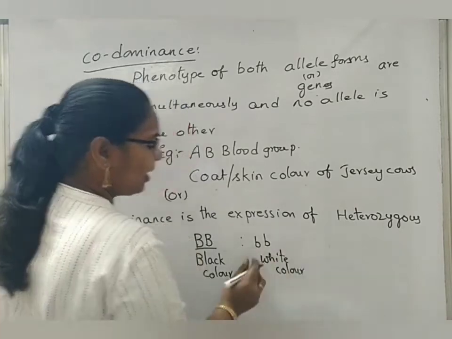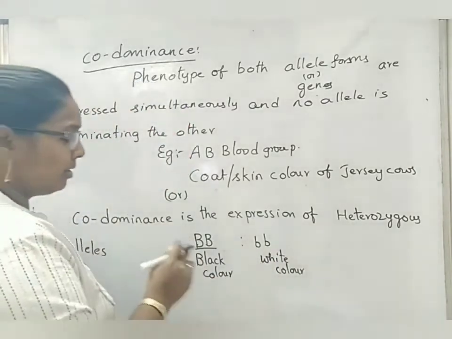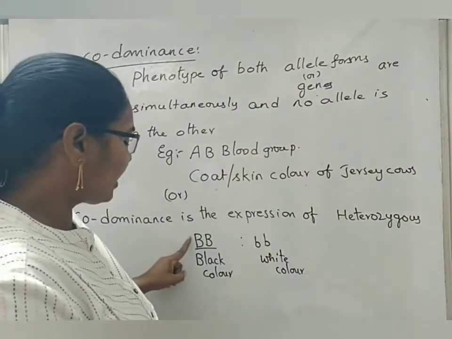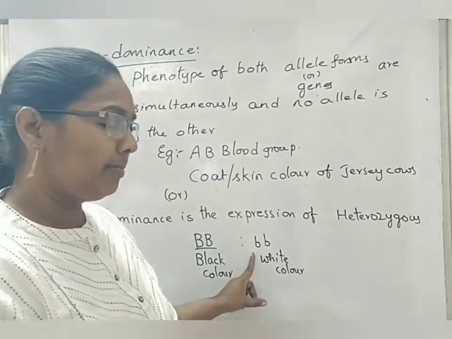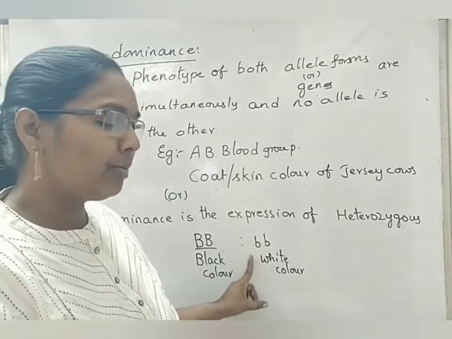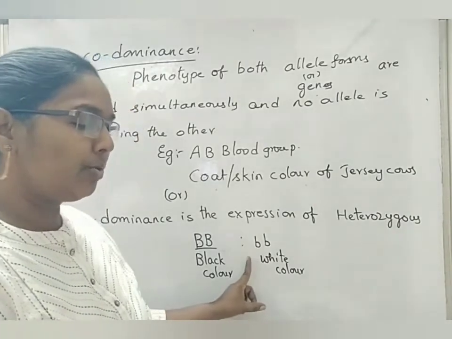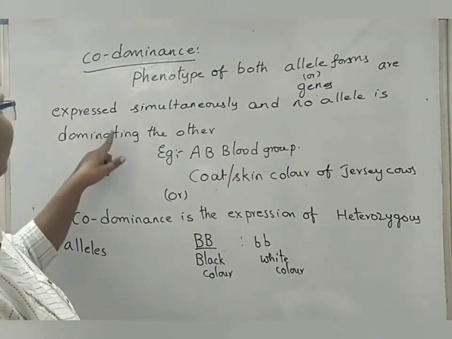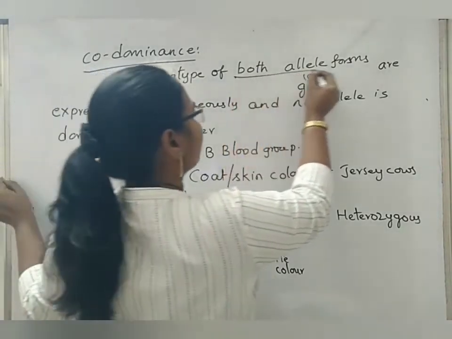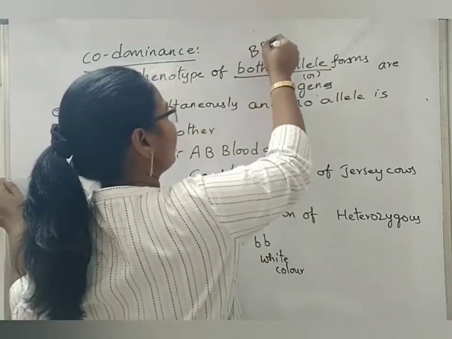It doesn't mean that one is recessive and the other dominant. One type of gene is expressing one color and another type is expressing another color, both behaving as dominant alleles or dominant genes only.